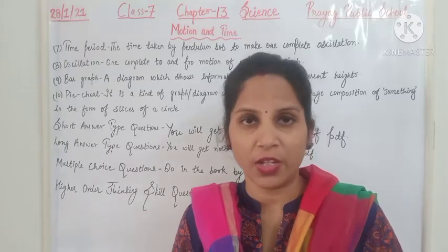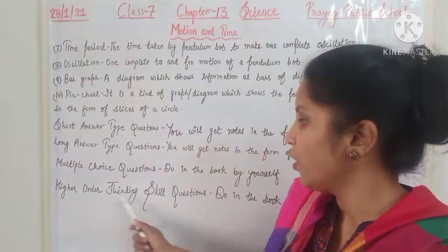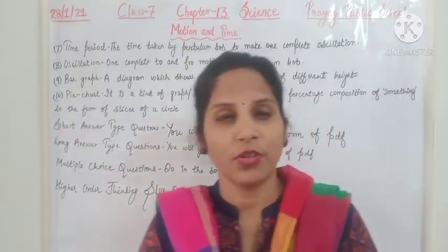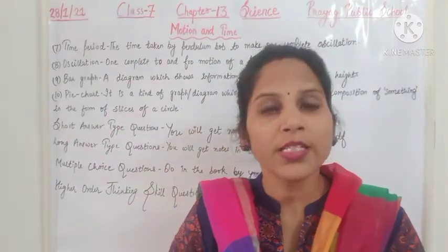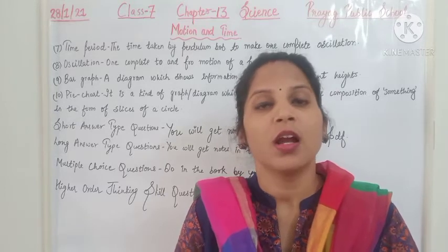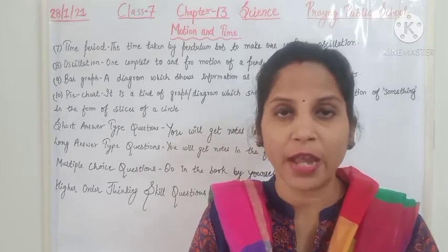खुद से करिए, try by yourself and solve it, okay, do in the book itself. Then higher order thinking skill questions, that also you have to do in the book itself, children, okay. So what things you have to do in the book? You have to do very short answer type questions, multiple choice questions and higher order thinking skill questions.